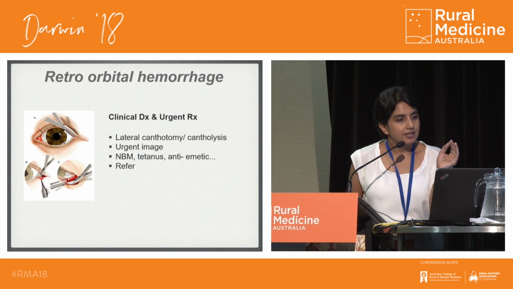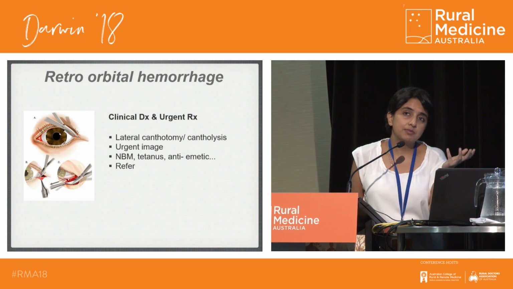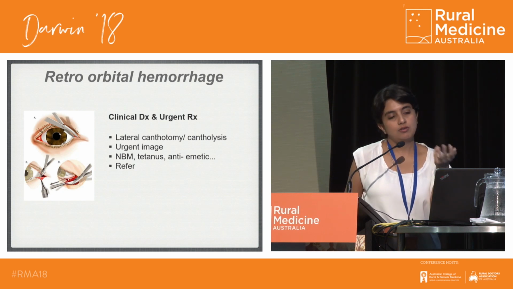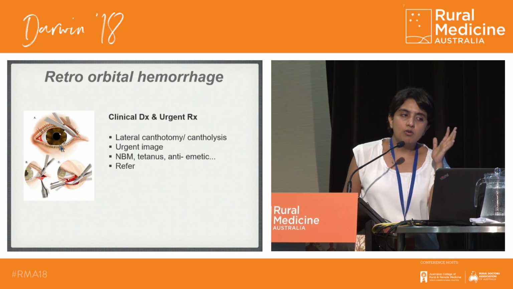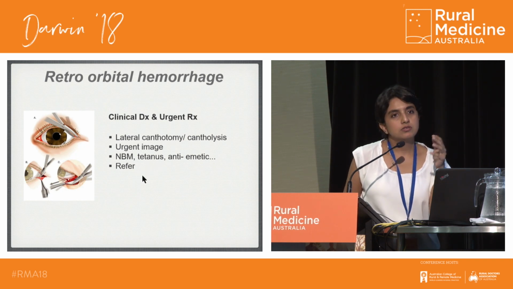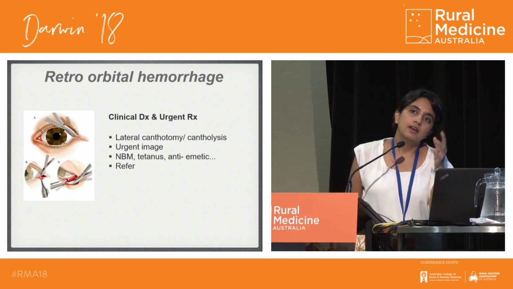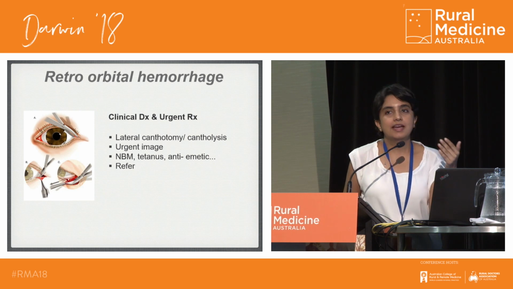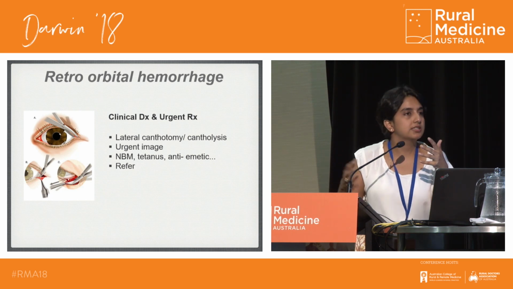This sight-threatening condition, the damage from it can sometimes be limited or almost nullified by a very simple procedure called lateral canthotomy or cantholysis. The whole diagnosis of retroorbital hemorrhage is a clinical diagnosis, so there is no excuse of waiting to treat a presumed retroorbital hemorrhage because we don't have access to scans or because we haven't had a chance to examine the patient.